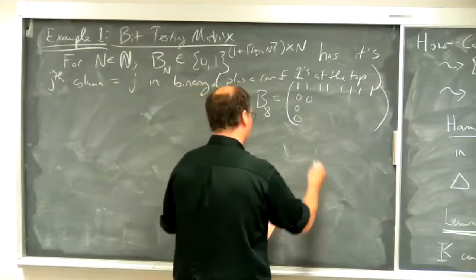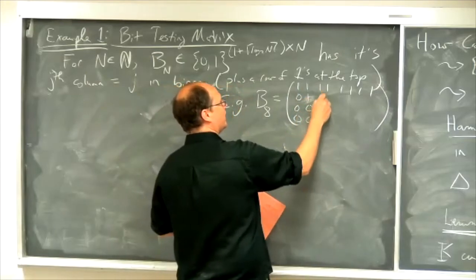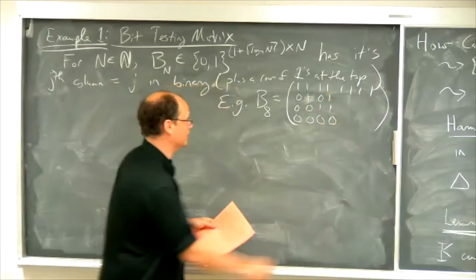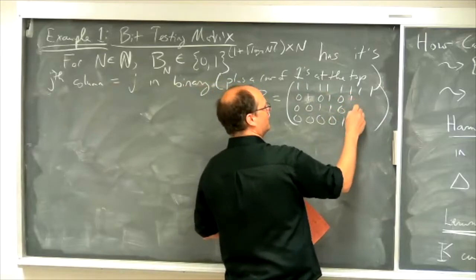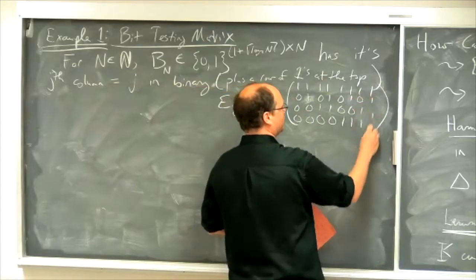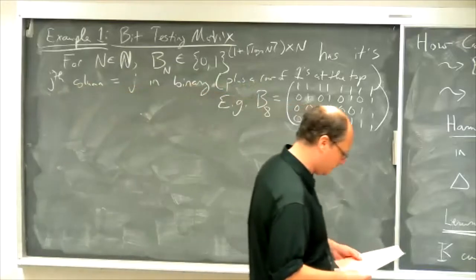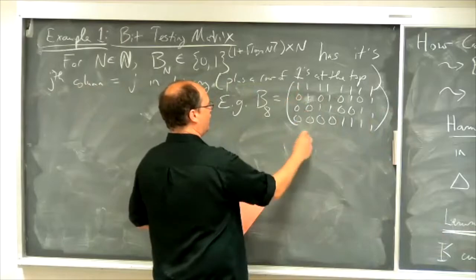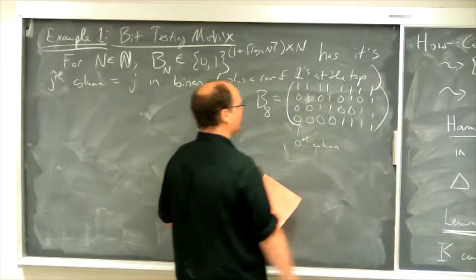So I'll have 0 in binary, 1 in binary, 2 in binary, 3 in binary, etc. 0, 0, 1, 1, 0, 1, 0, 1, 1, 1, 1, 1. Right, boom. You can do that pretty easily, column by column on the fly. So the 0th row is all ones. Here's my 0th column, as an example.